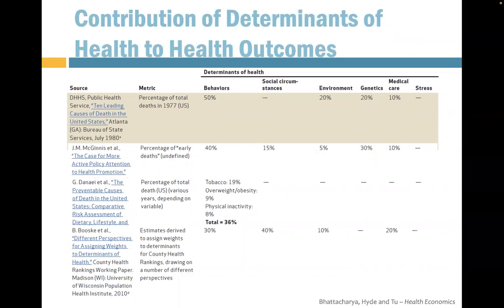There's also environment and genetics. I believe people have more and more evidence about genetics these days, but it's also unclear how much it plays in our health. And surprisingly, medical care is the least important among all of these studies.